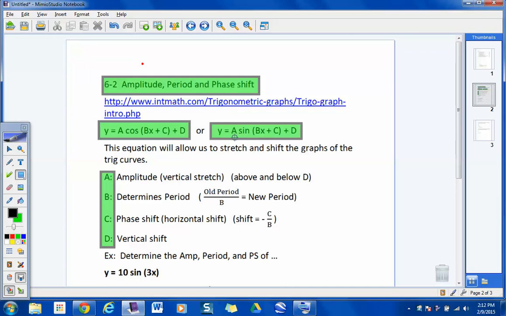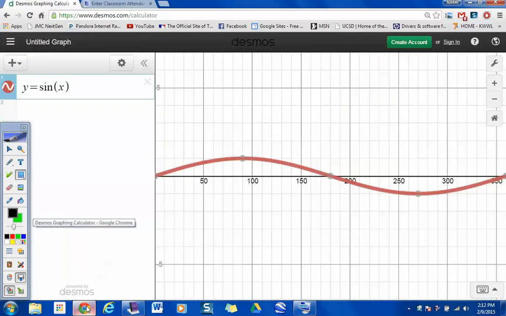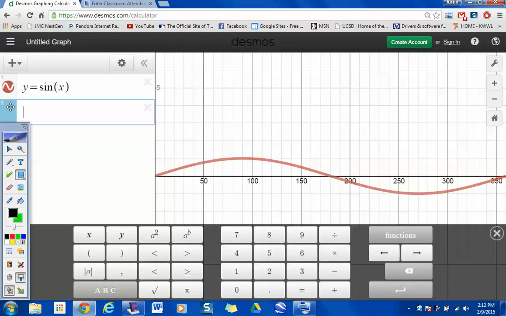So let's talk about what's going on here. Let's just say something like this. I go into the graphing calculator here, and I put y2 equals. Let's do this. Somebody give me an a value between 0 and 6. 3? All right. We'll go ahead and type this in.